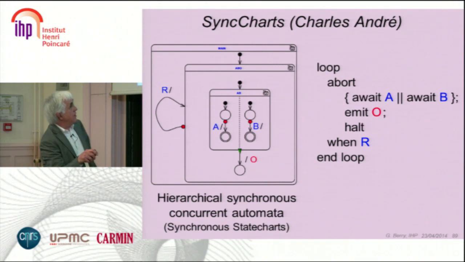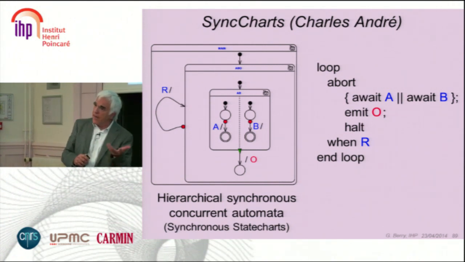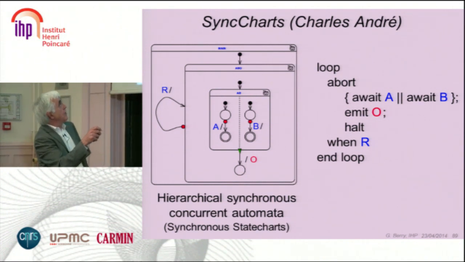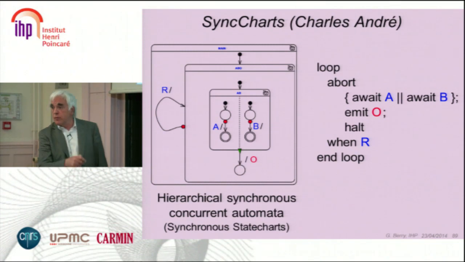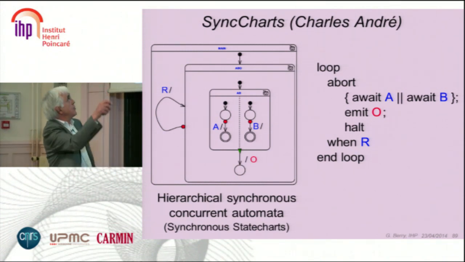The other syntax is that of David Harel, but the semantics of Harel is complicated in state chart, so it has been done in sync chart by Chalandré. So these are hierarchical automata. Hierarchy is absolutely fundamental. This means do A and terminate, parallel do B and terminate. Within no time you emit O and you go there.